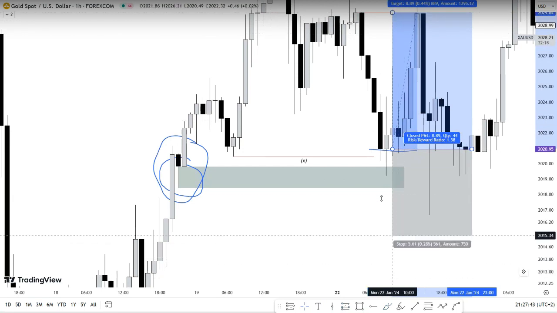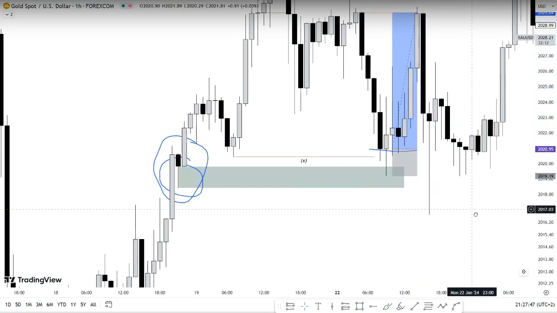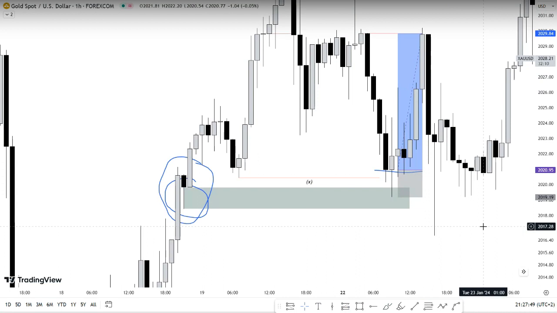Is it clear? Do you guys understand, or am I confusing you? Yeah, because it's clear. I'm just showing you guys how to enter using one time frame, right? Using just this one time frame, because I'm gonna go on lower time frames and then dive in deep.